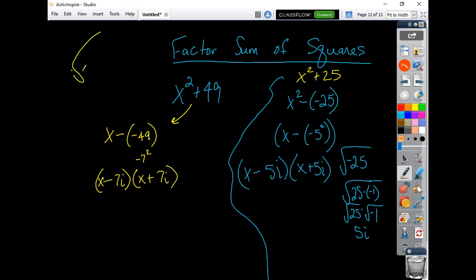Square root of negative 49, if you think of it as 49 times negative 1, square root of 49 times square root of negative 1, there's my 7, and this is i. So it can be written that way as a perfect square.